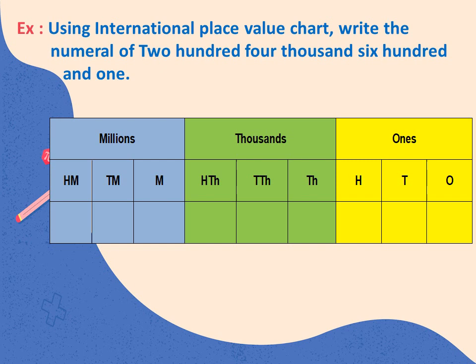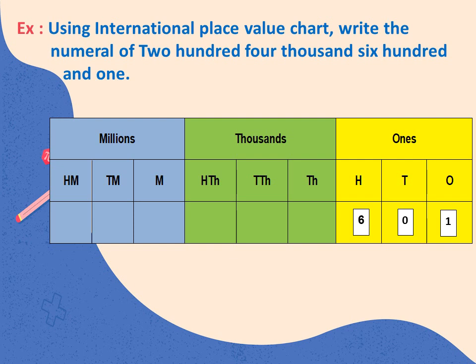Here I have already drawn the place value chart of the International System of Numeration. In the ones period, 601: in the ones place 1 will come. They did not mention any digit for the tens place, so we need to enter 0. 6 is in the hundreds place, so 601 comes in the ones period.